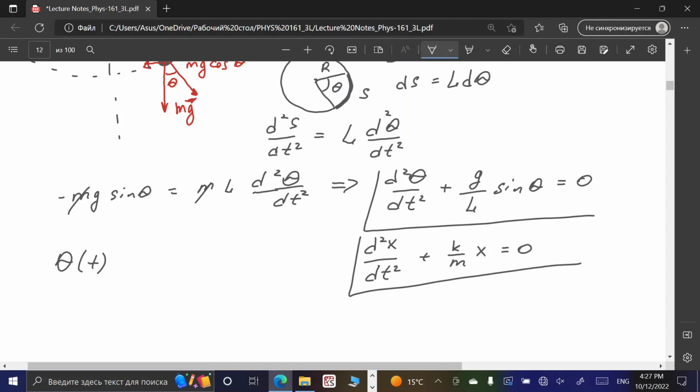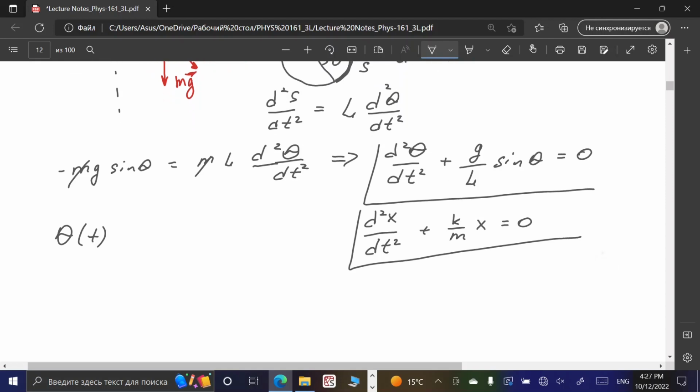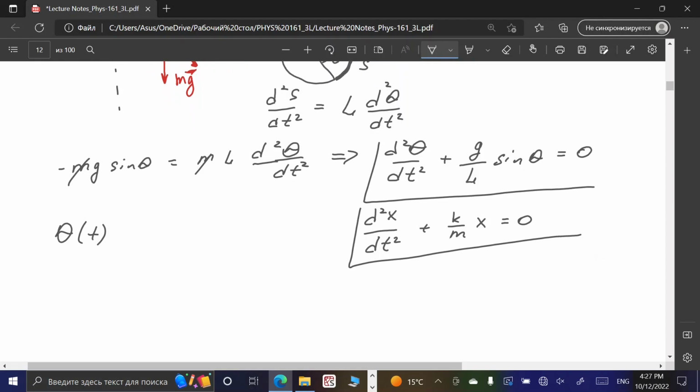However, we can simplify this case and consider some specific condition when theta is quite small, so it's smaller or equal to 10 degrees, or something like 0.2 radians.